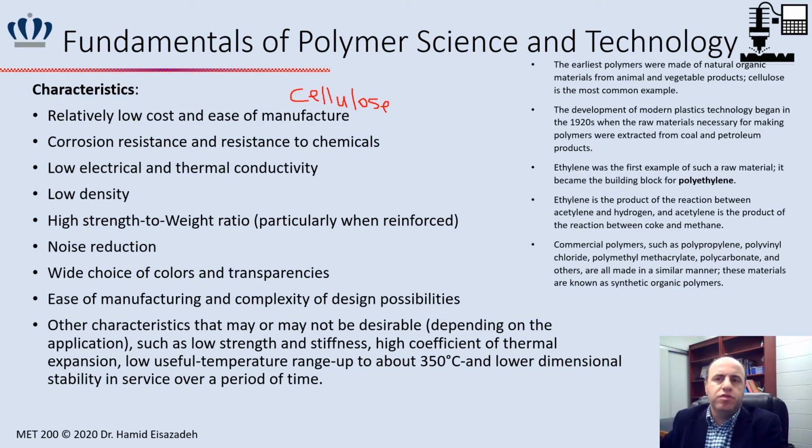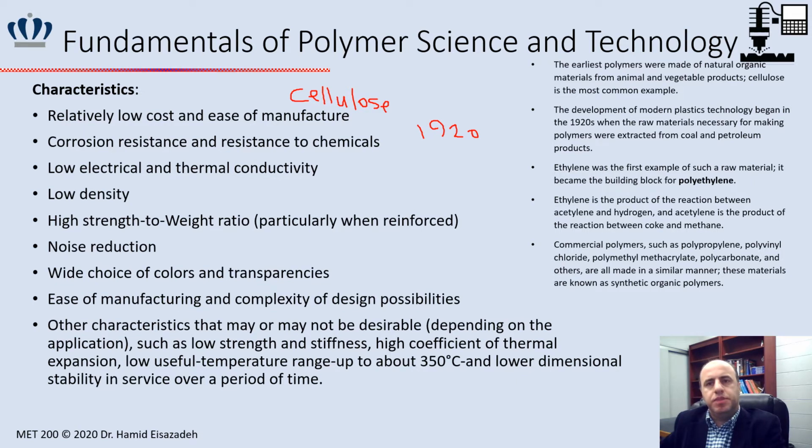Then the development of modern plastic technology actually began in 1920, when the raw materials necessary for making polymers were extracted from coal and petroleum products. The first example of this was ethylene. Ethylene actually is a raw material, a petroleum material.